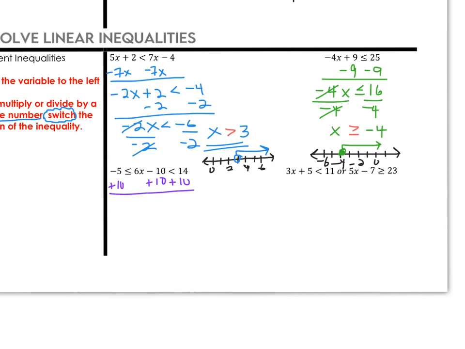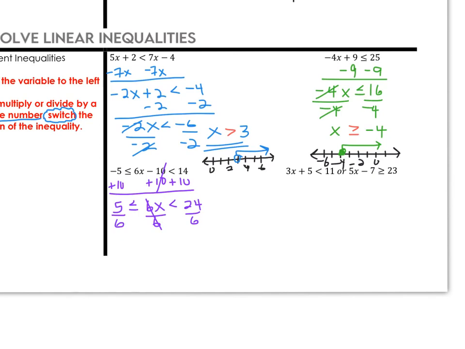-5 plus 10 would be +5, less than or equal to. In the middle, the 10's cancel, and we have 6x. And then we have less than. On the right, 14 plus 10 is 24. To get x by itself, we'll divide by +6. If we do that on the middle, we have to do that on the left side, again, and the right side.